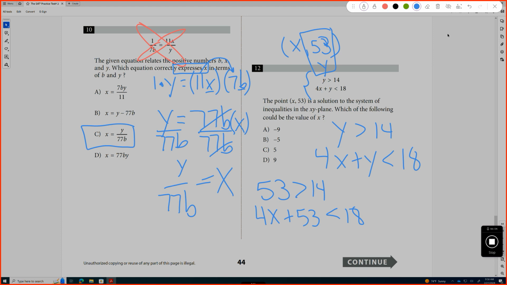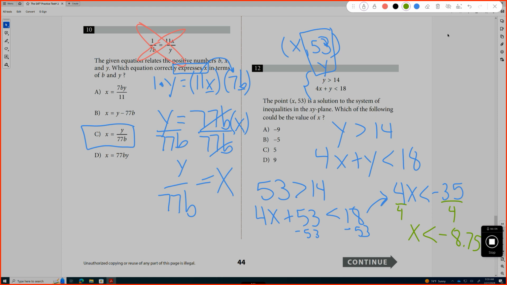So let's take away 53 from each side, and we're going to have that 4x has to be less than negative 35. So what's the next step? Divide by 4 to solve for x. And x has to be less than negative 8.75.